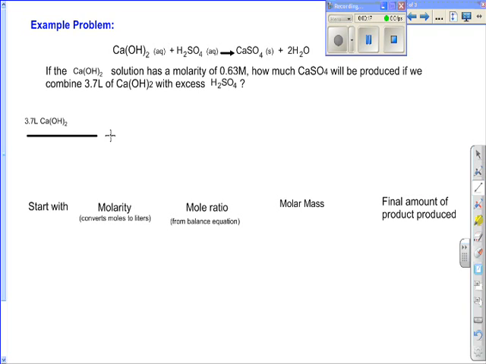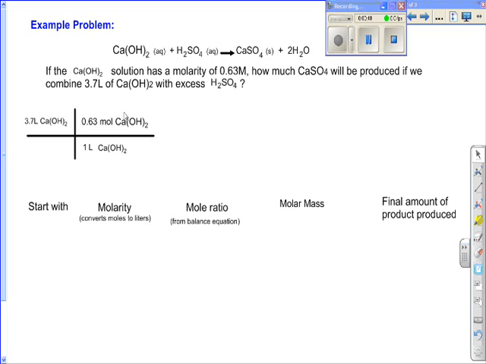So if I draw my T, I'm using the molarity, which is 0.63 molar. And what that means is that there are 0.63 moles of calcium hydroxide every 1 liter of calcium hydroxide. So that's how we're able to use it as a converting factor.